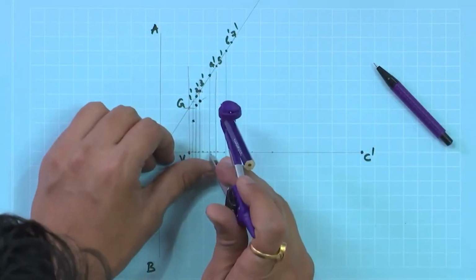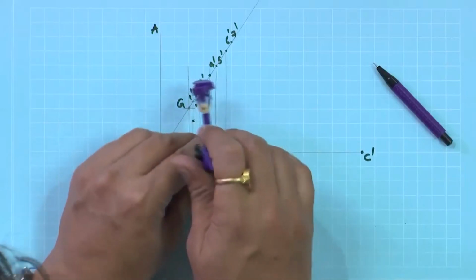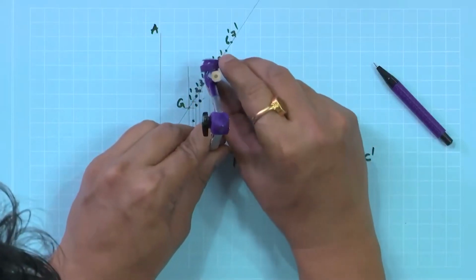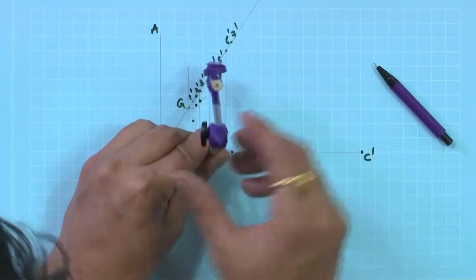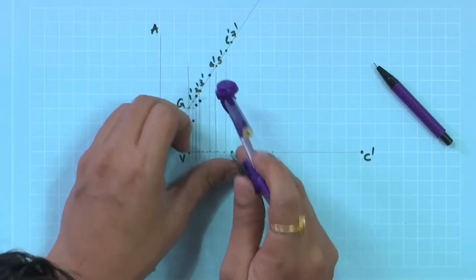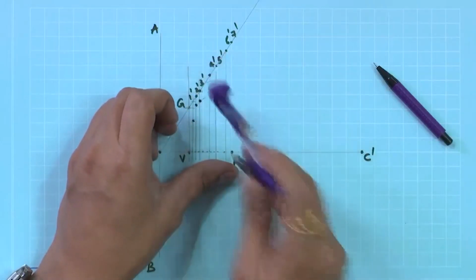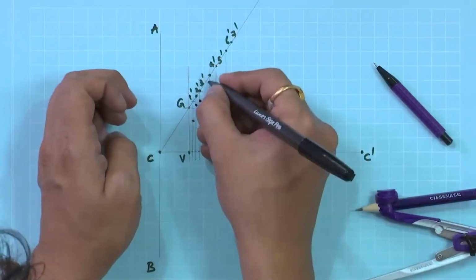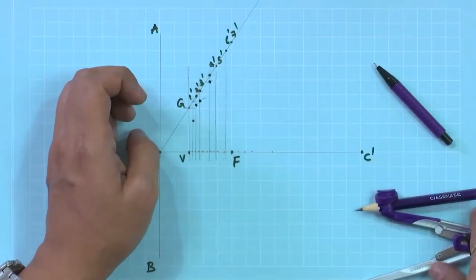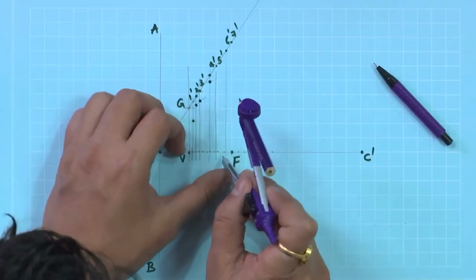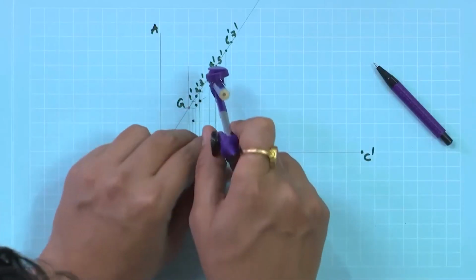Then the fourth one, somewhere beginning here all the way, locate the fourth one. Then the fifth one.